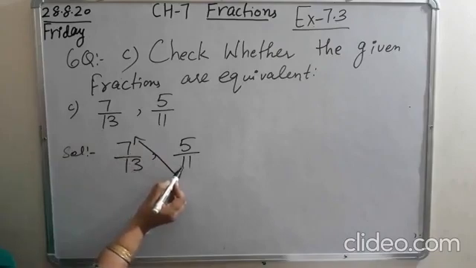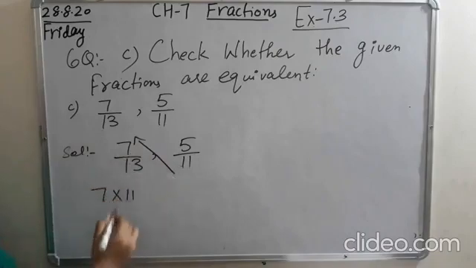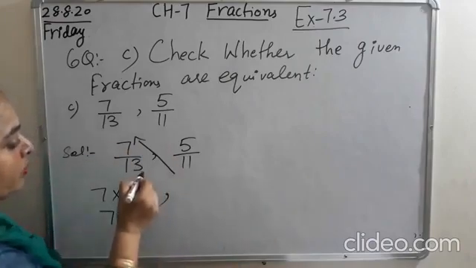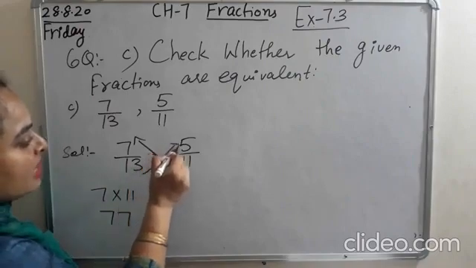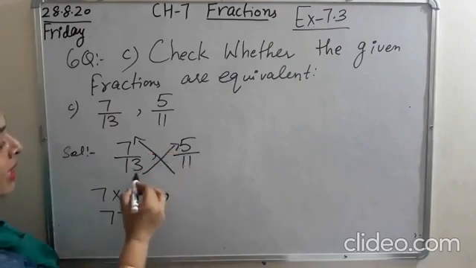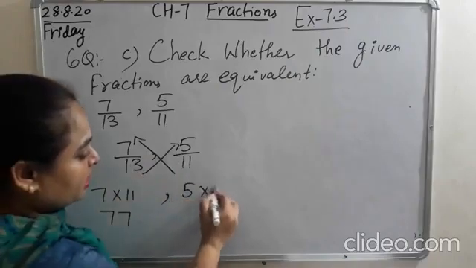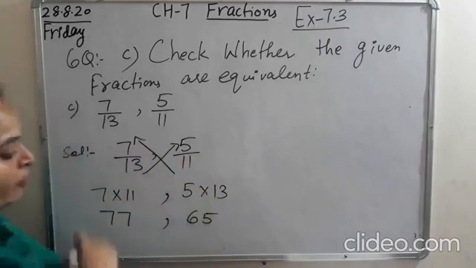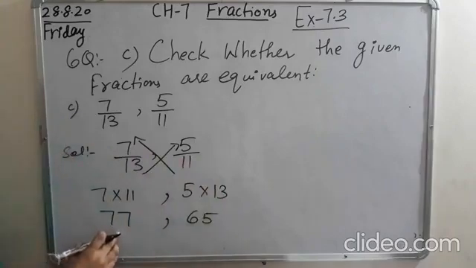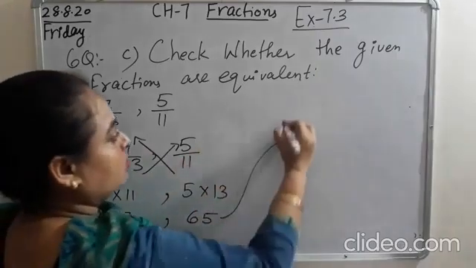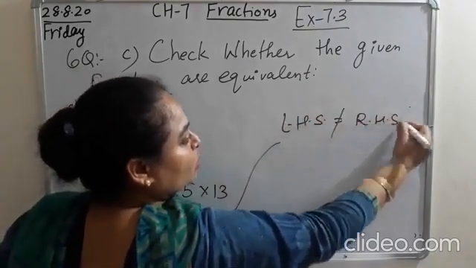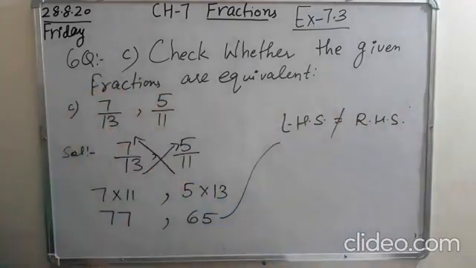7 multiplied by 11 will give you 77. Come to the right hand side. Now on the right hand side, 5 multiplied by 13 will give you 65. Now the left hand side result is not equal to the right hand side result.